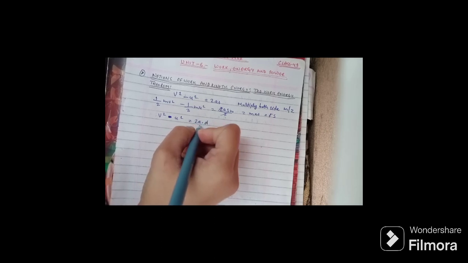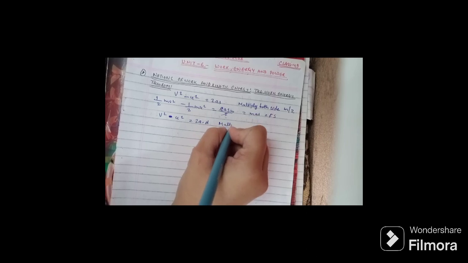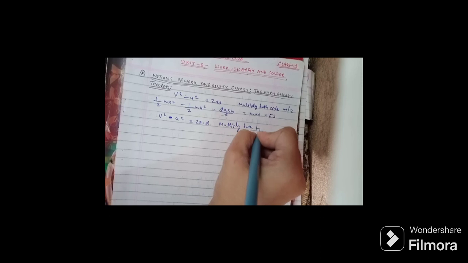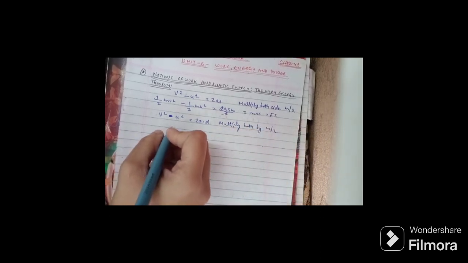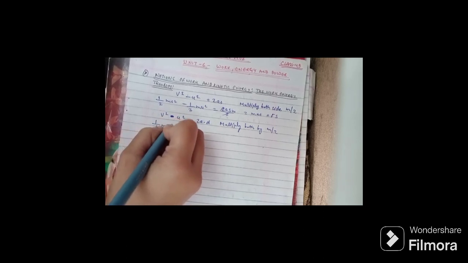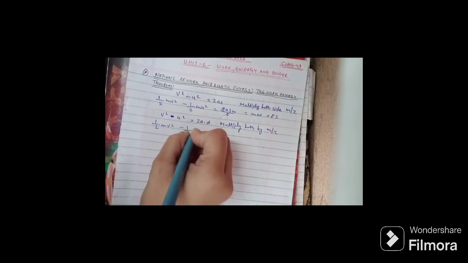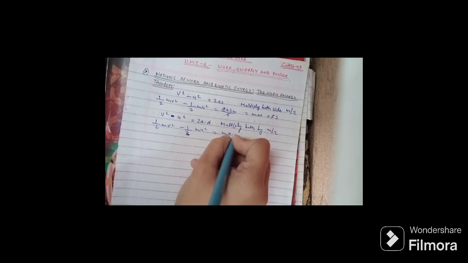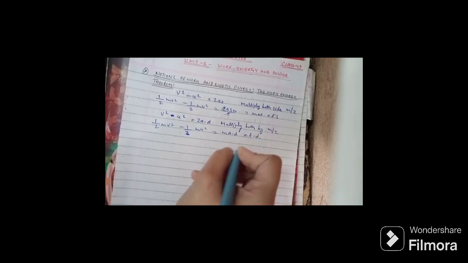Here once again multiplying both sides by m by 2, we get half mv square minus half mu square equals ma.d, which equals F.d, that is force and distance.